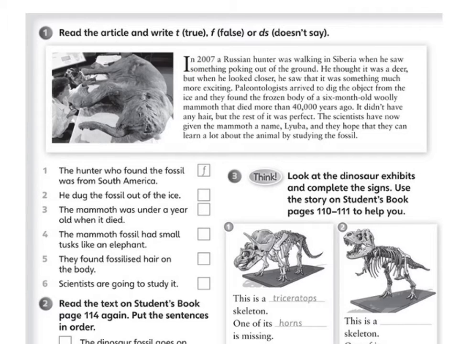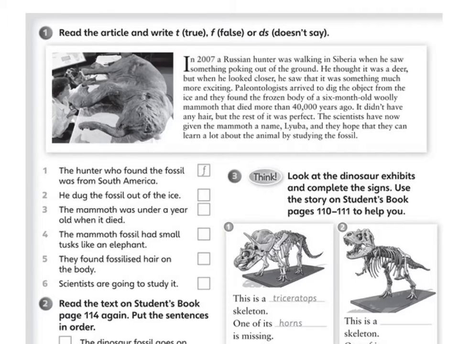In 2007, a Russian hunter was walking in Siberia when he saw something poking out of the ground. He thought it was a deer, but when he looked closer, he saw that it was something much more exciting.